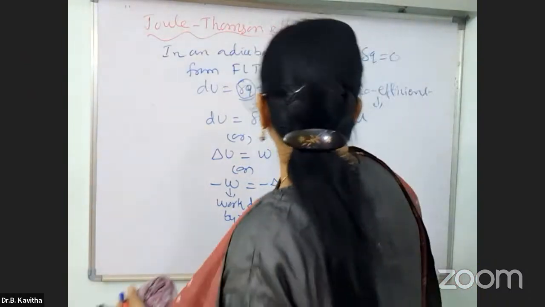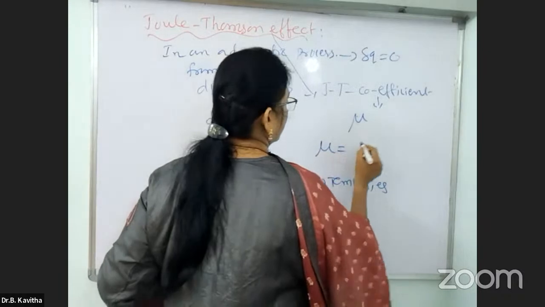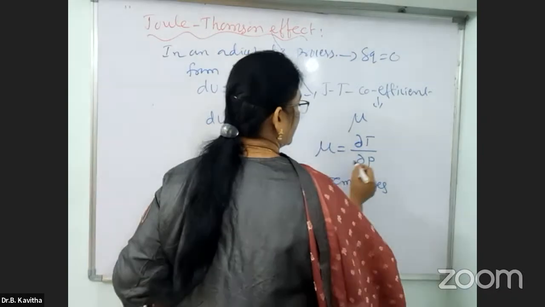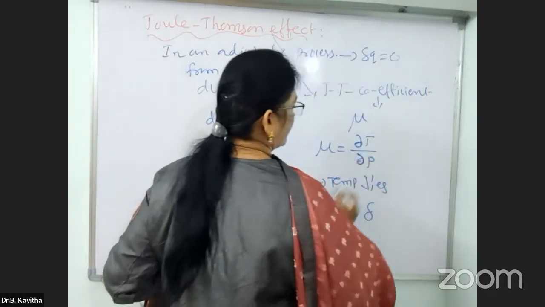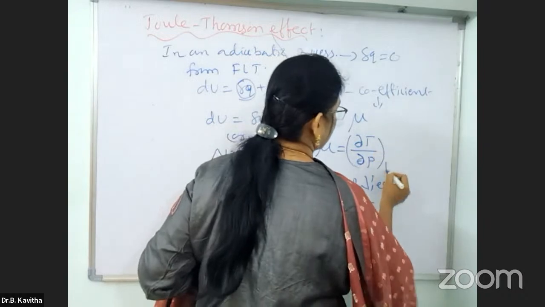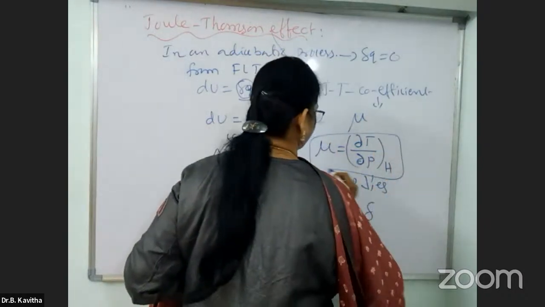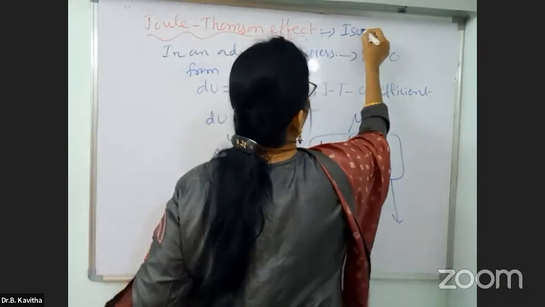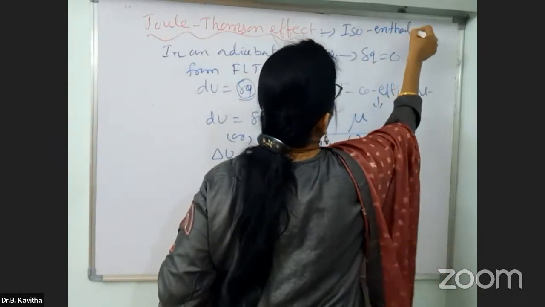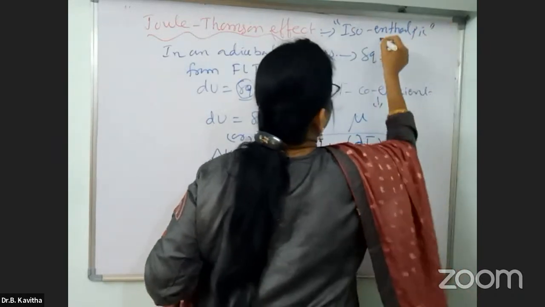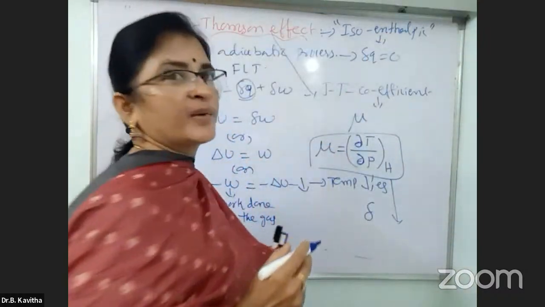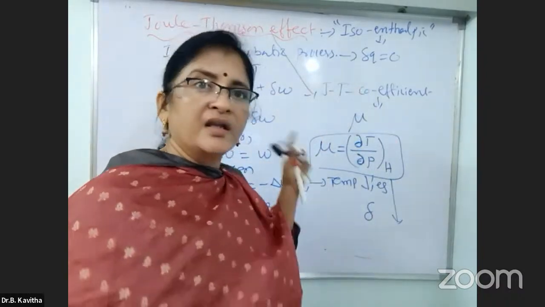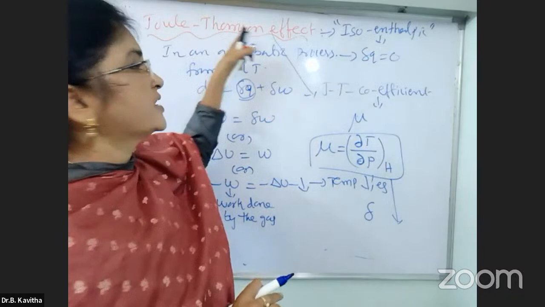They have given one equation for this mu. Mu is equal to ∂T by ∂P at constant enthalpy. This is important, and they can ask this question. Isoenthalpic changes, isoenthalpic processes: it is about the adiabatic process, or you can say the Joule Thomson effect.